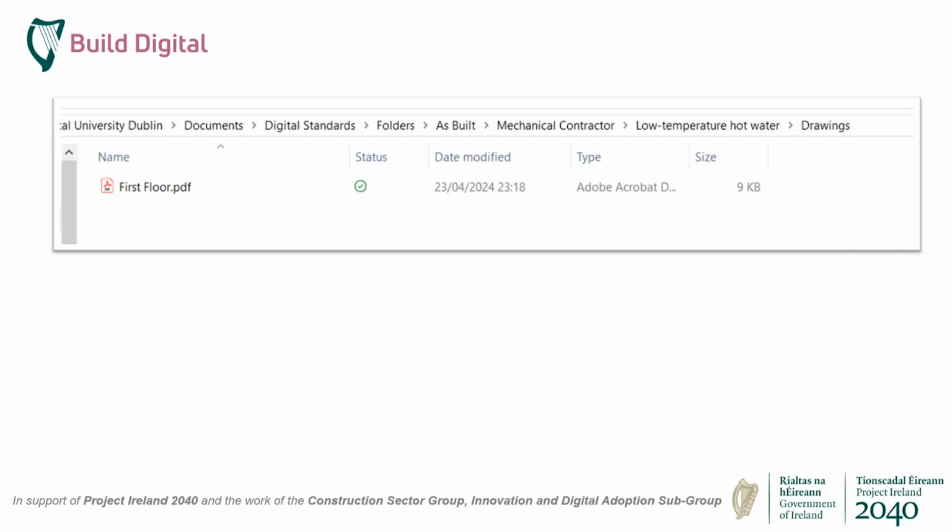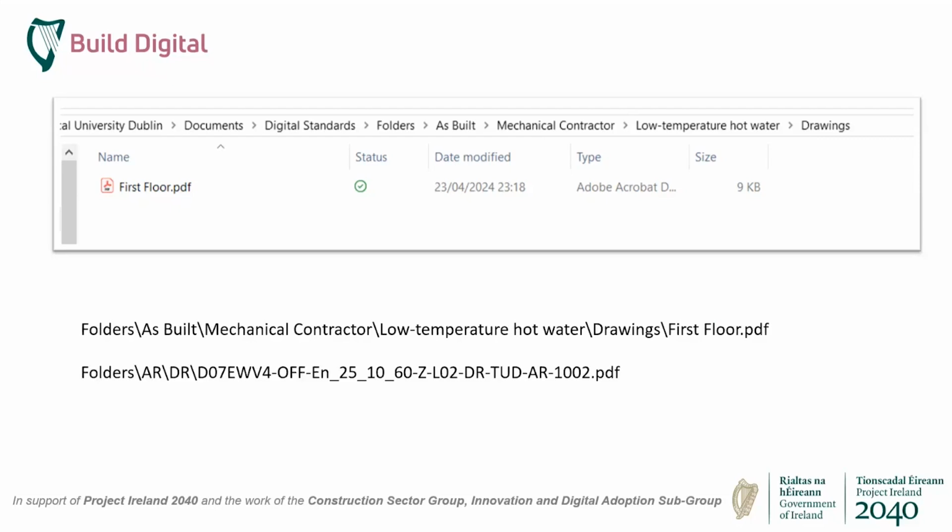It was an as-built, from a mechanical contractor, low temperature hot water drawing, and then you get first floor. So the metadata, so to speak, was actually the folder names, which wasn't really attached to the file. So I suppose to just look at how that might look, the string of information along that can be quite long.